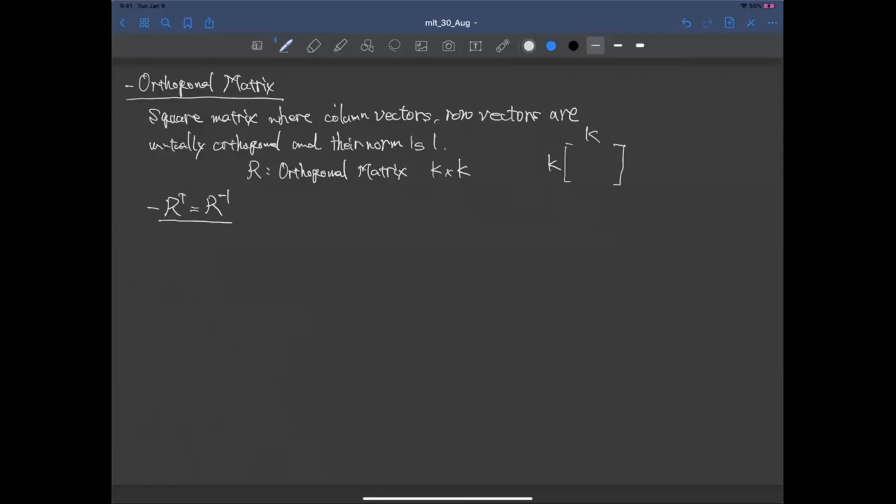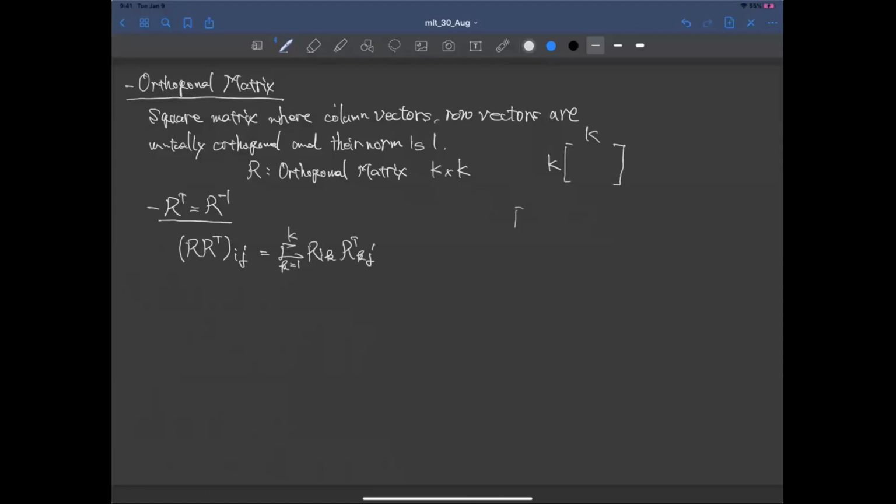So let's think about the product of R and transpose R. Then the ij element of this can be written like so.